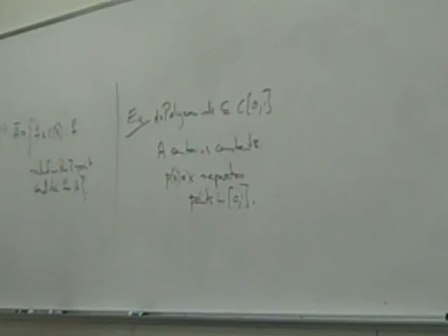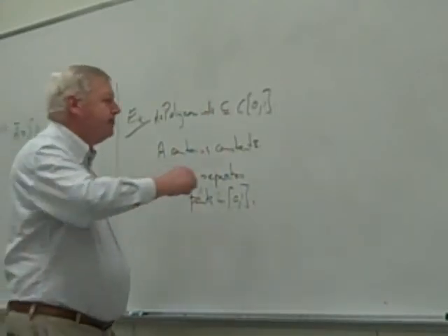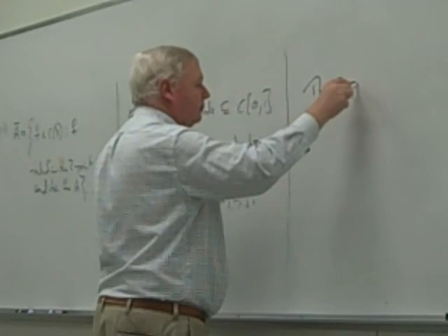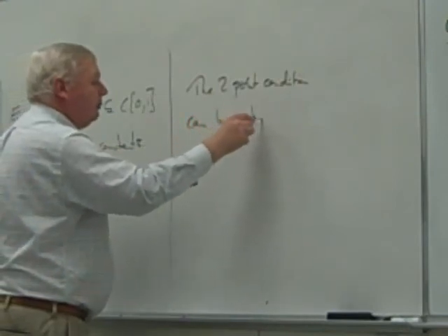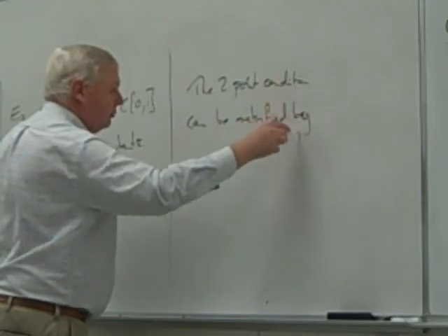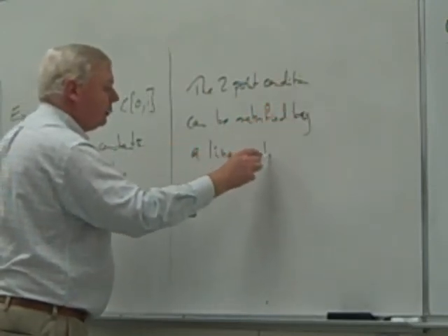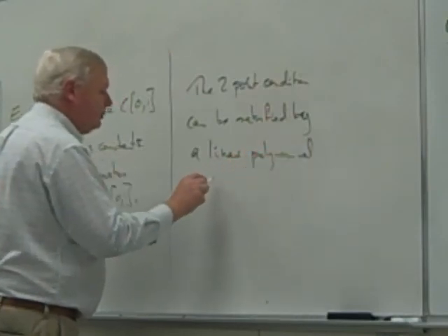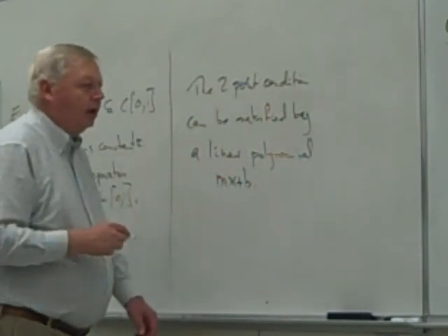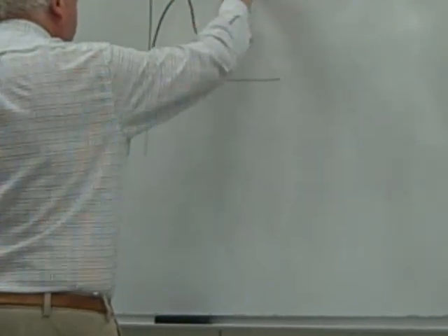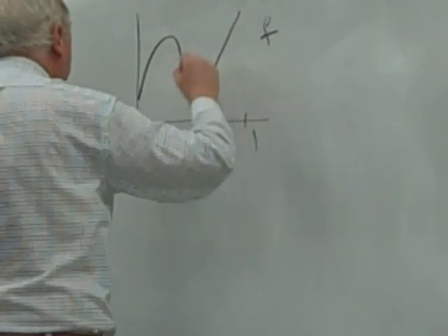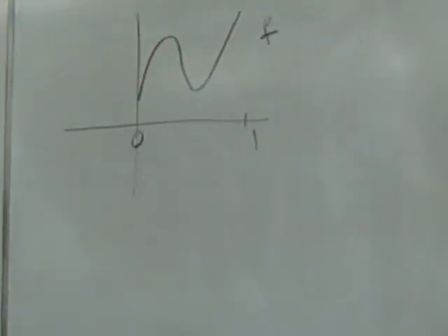What about this 2-point condition? Well, the 2-point condition can be satisfied by a linear polynomial mx plus b. Graphically, it looks like this. Here's a continuous function f, and I want to show that the 2-point condition holds.